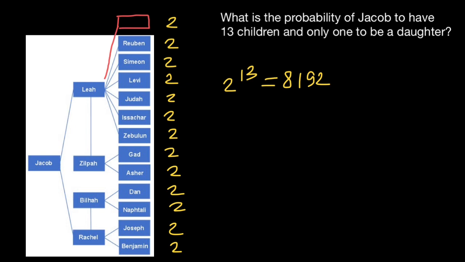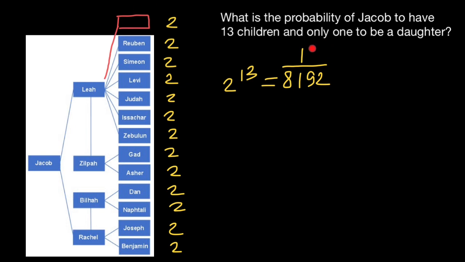And out of all these combinations, only one combination would be when Jacob would have 1 daughter and 12 sons. But this is true if the order is given, if we knew that the first child is a daughter.